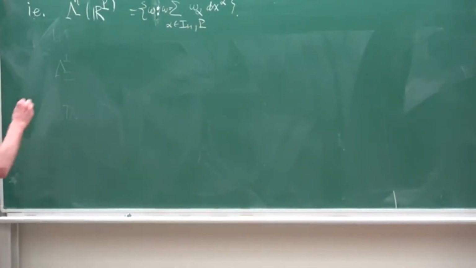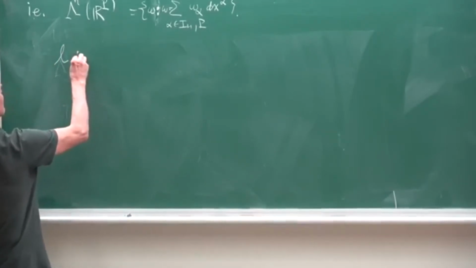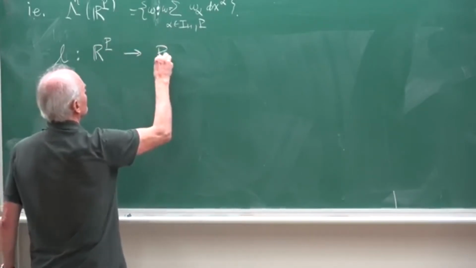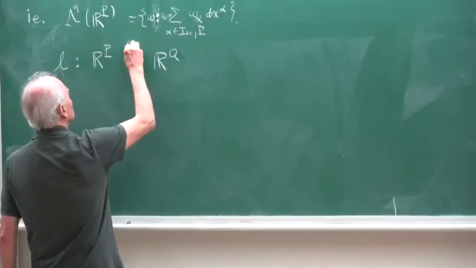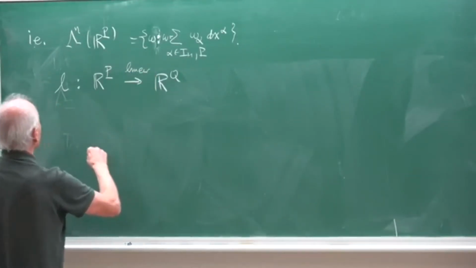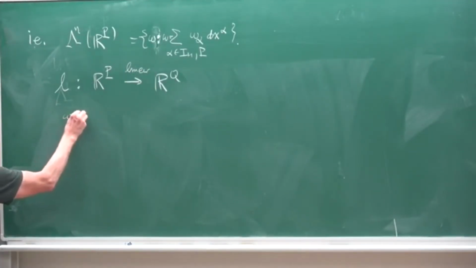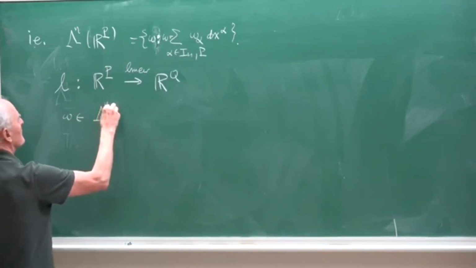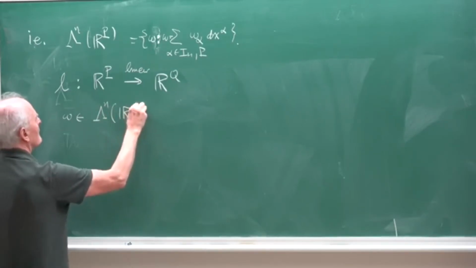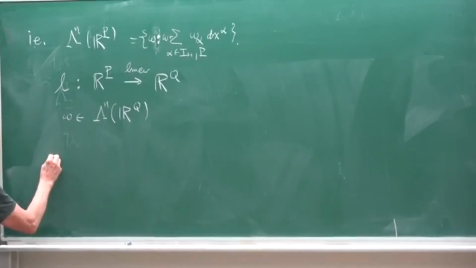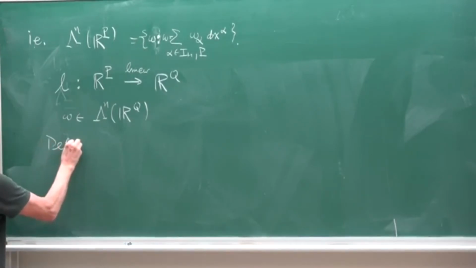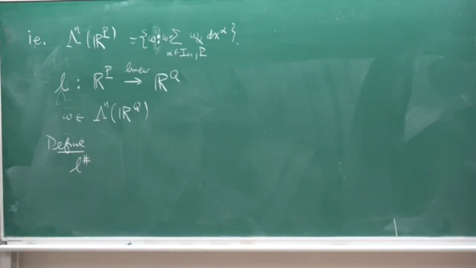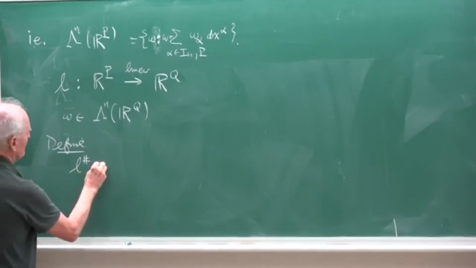One is that if you take a linear map L from R^p to R^q, and you take an omega in this space, lambda n of R^q, then you can define something called the pullback of omega.